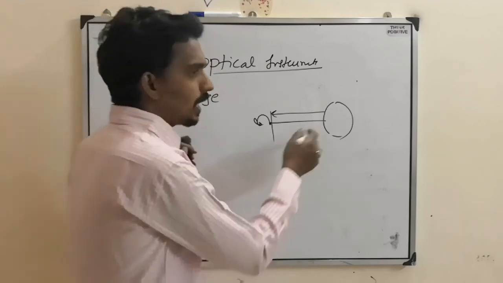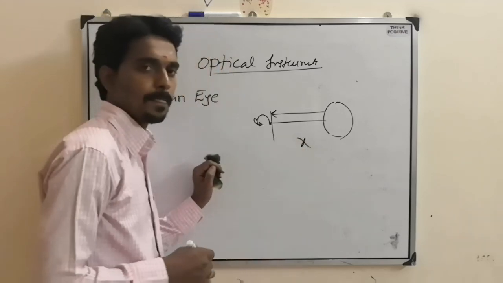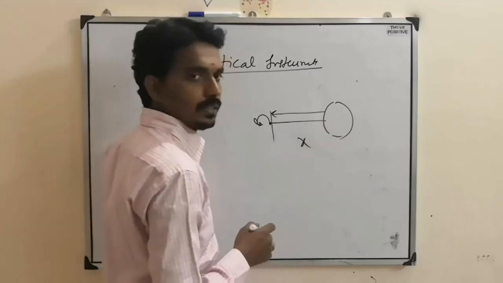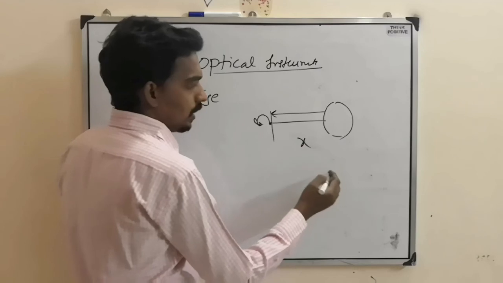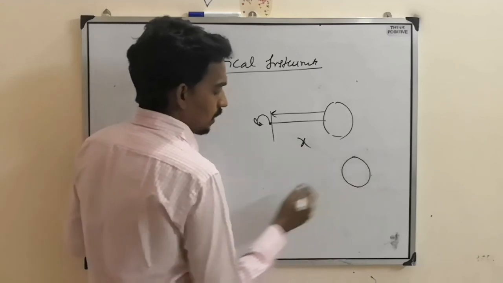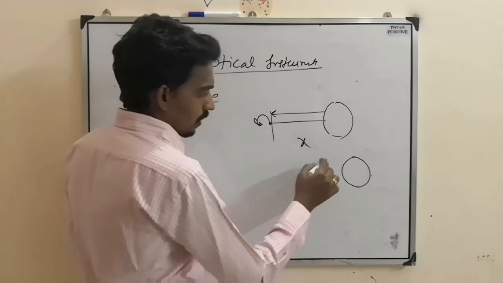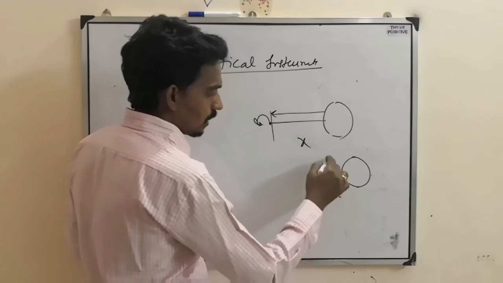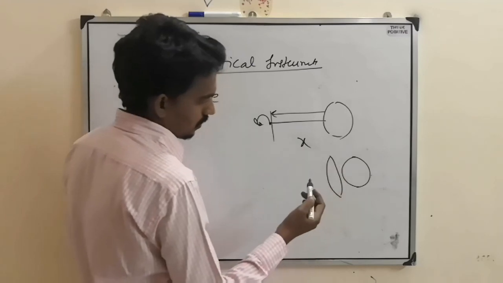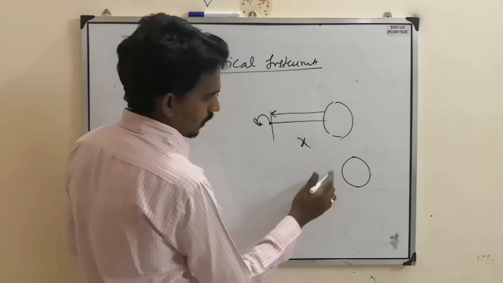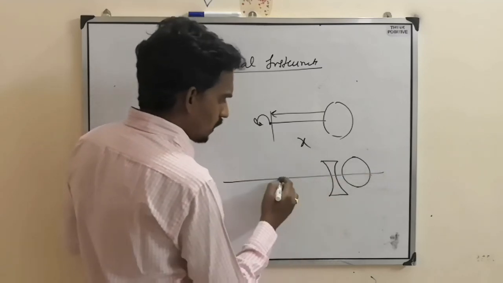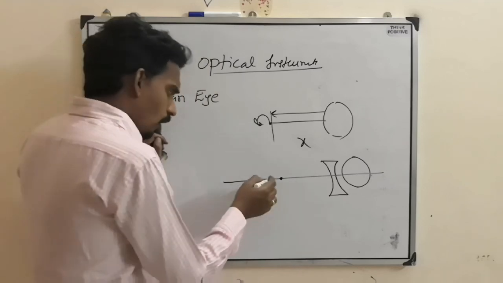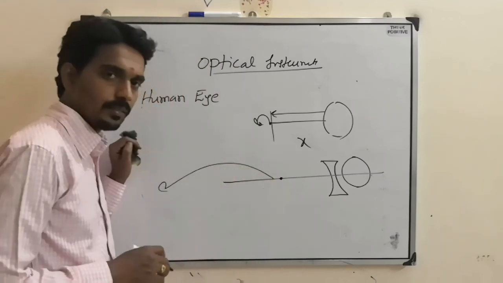Now what you will do is arrange one concave lens here. Now up to this distance you can see, but all these objects beyond, you cannot see.